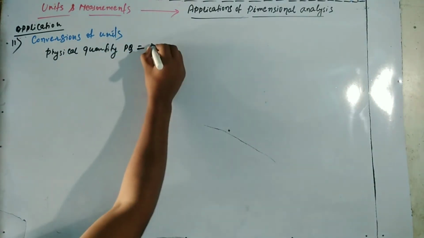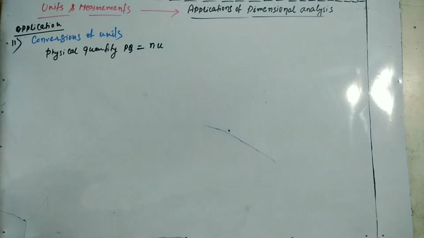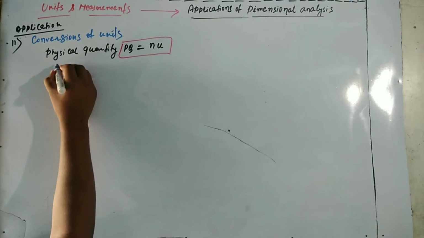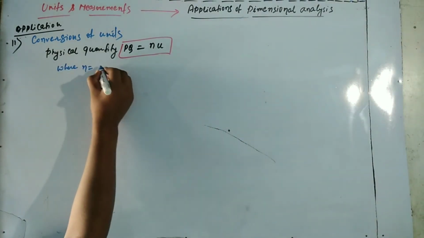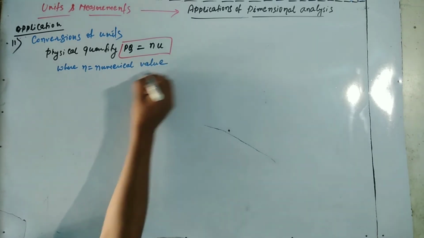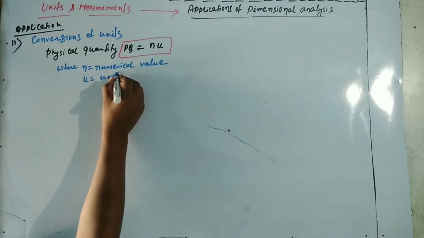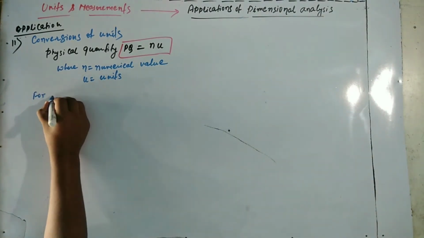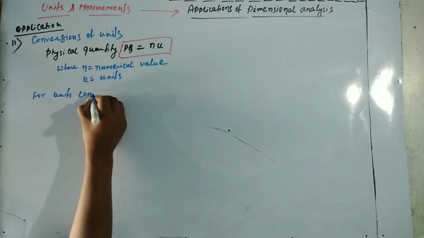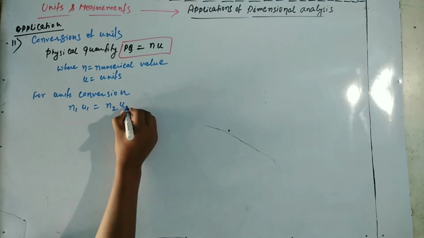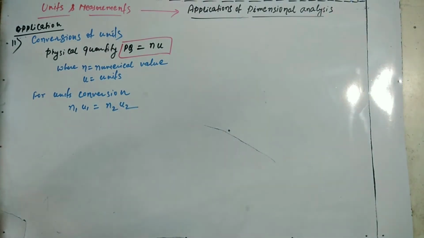We saw in the last topic that a physical quantity equals n into u, where n equals numerical value and u equals unit. So for conversion of units, n1 u1 equals n2 u2.